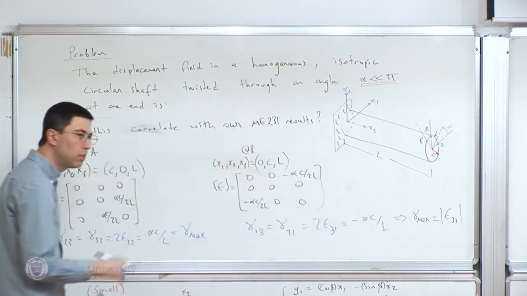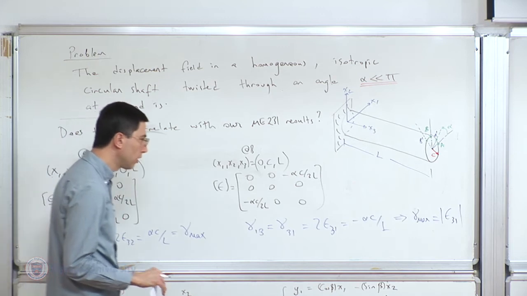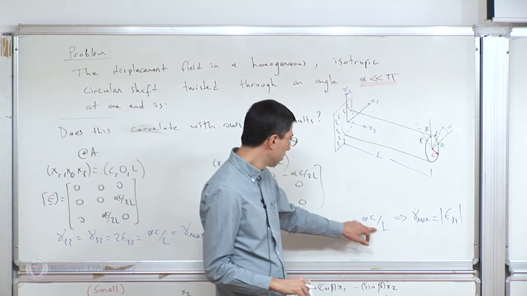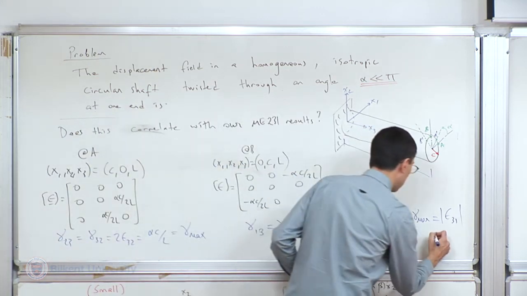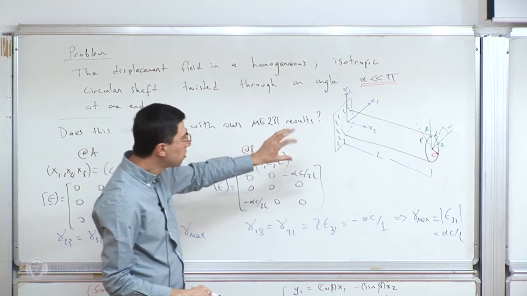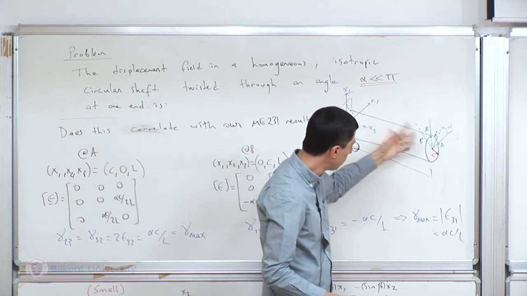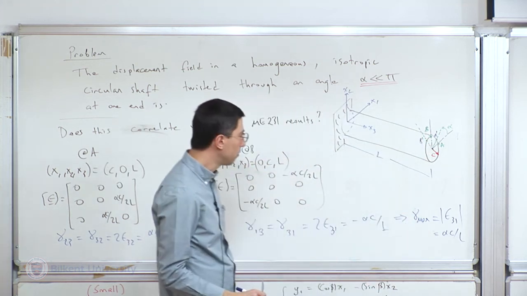We were always directly looking at gamma max, and we were not concerned with the sign. The maximum value is still equal to alpha c over L. So it doesn't matter whether you're looking at that point or that point or that point. Any point on the surface has a gamma max equal to alpha c over L.